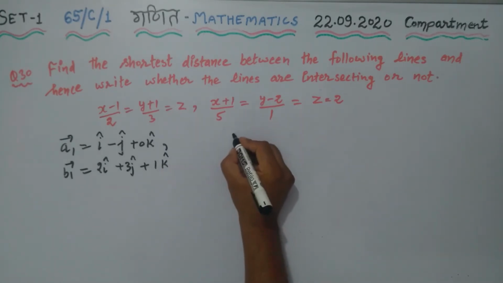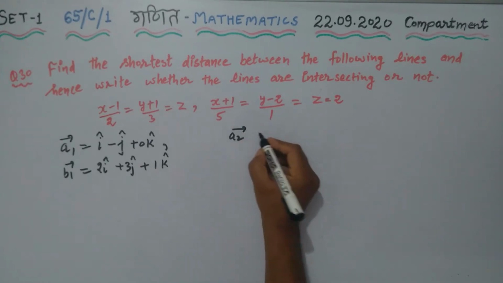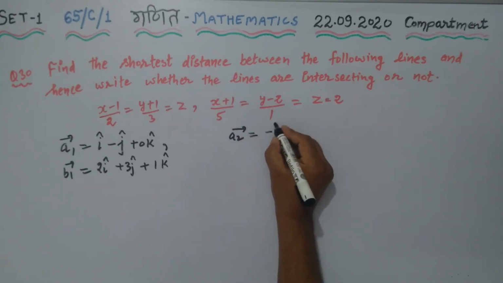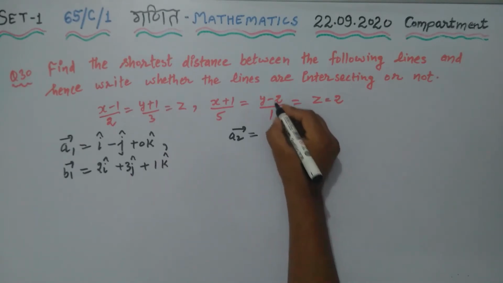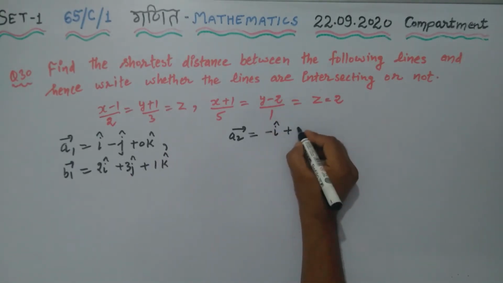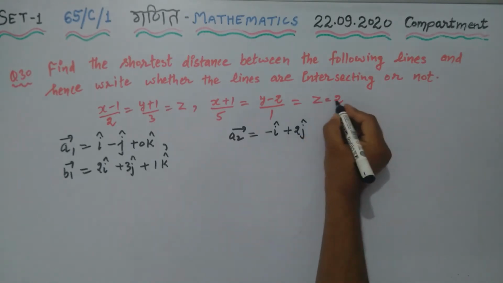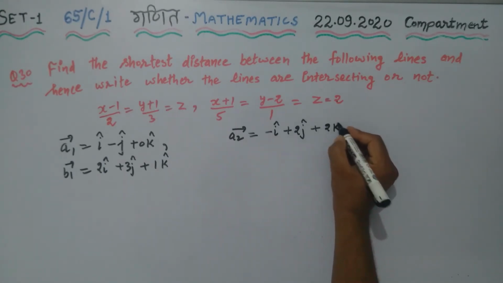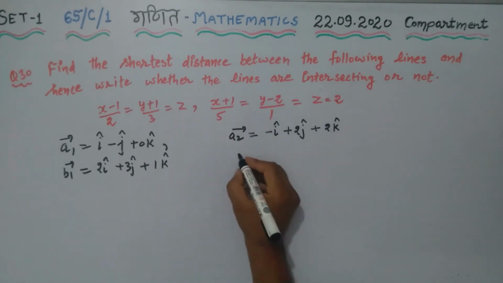Likewise here, what is vector a2? This is equal to minus i plus 2j plus 2k, right? So what is vector b2?